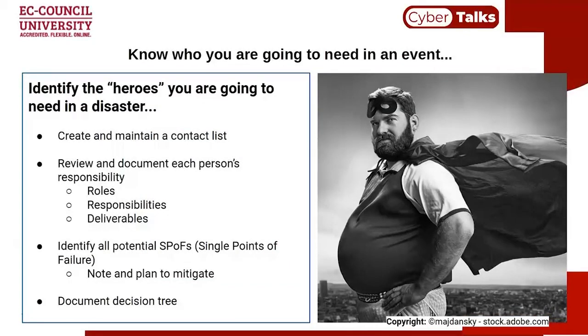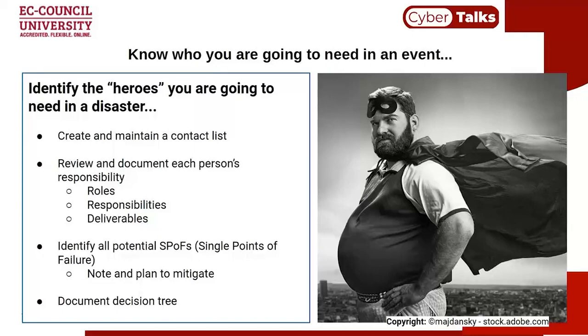So lastly, not really lastly, but you've got to know who you're going to need. Keep in mind who's actually going to build this stuff up. One of the things we haven't talked about is how plans get executed, and that's the people in the data center, people in your support center, your application development managers, your infrastructure managers, a bunch of different people. You need to know who those people are and what role they are going to play prior to any event.